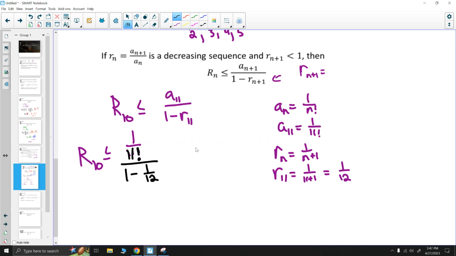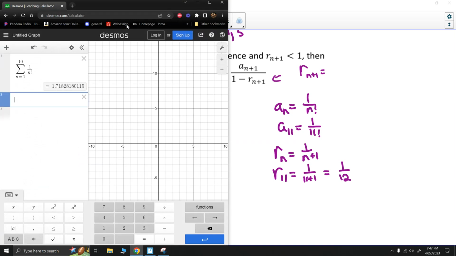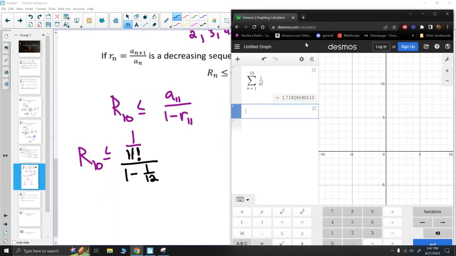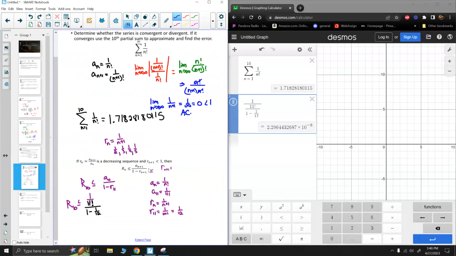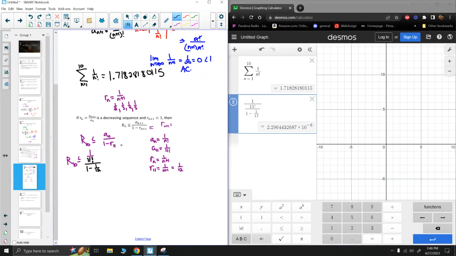So if we check this out, we'll see how good our estimate is. 1 over 11 factorial, there we go, over 1 minus 1/12. And we get our error rate. And if you notice, that's a pretty darn good error rate.